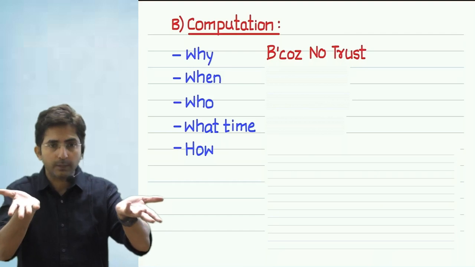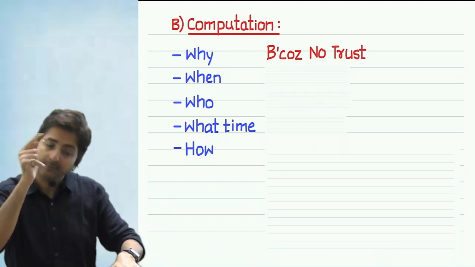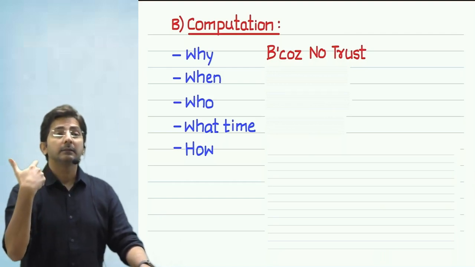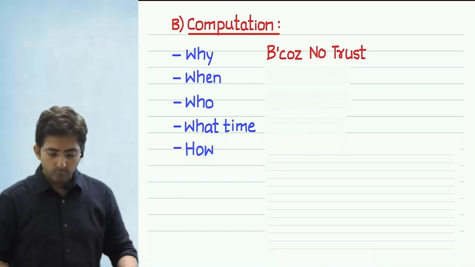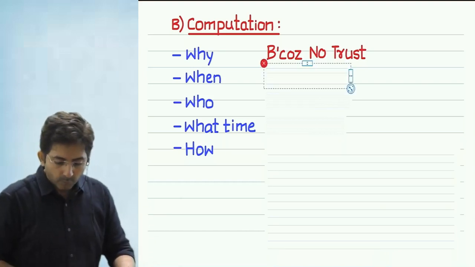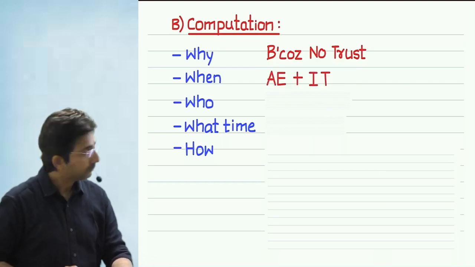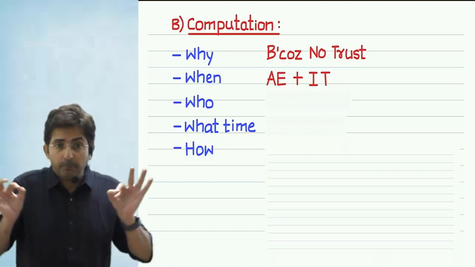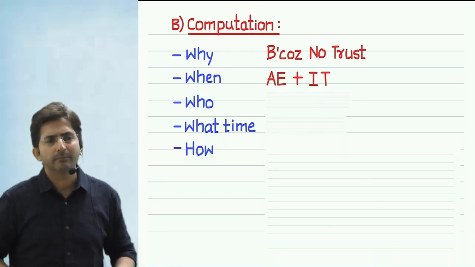Whenever this combination is there, then we have to compute ALP. So if someone asks you when to compute ALP, the answer is AE plus IT. Because if the AE plus IT condition is not fulfilled, there is no need to compute ALP.